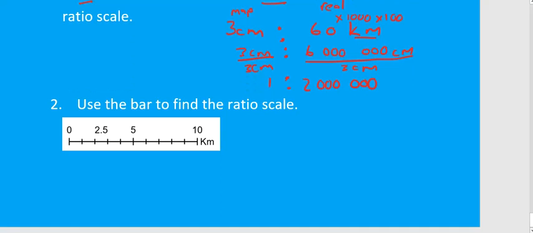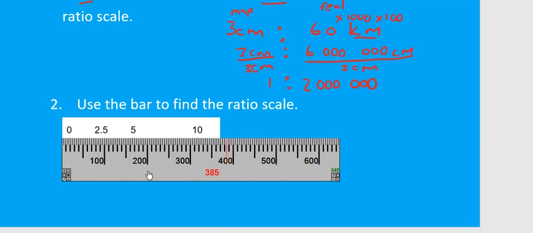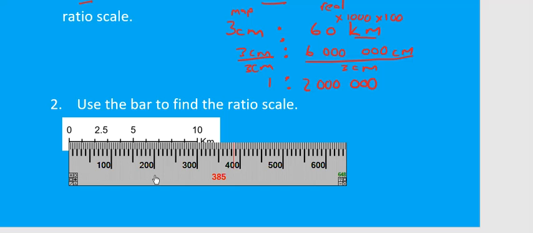Finally, the bar scale. Using the bar scale to find the ratio scale is also easy. But again, if you have a bar scale, then you have to measure. And it's much easier if we measure the entire length of the bar scale.